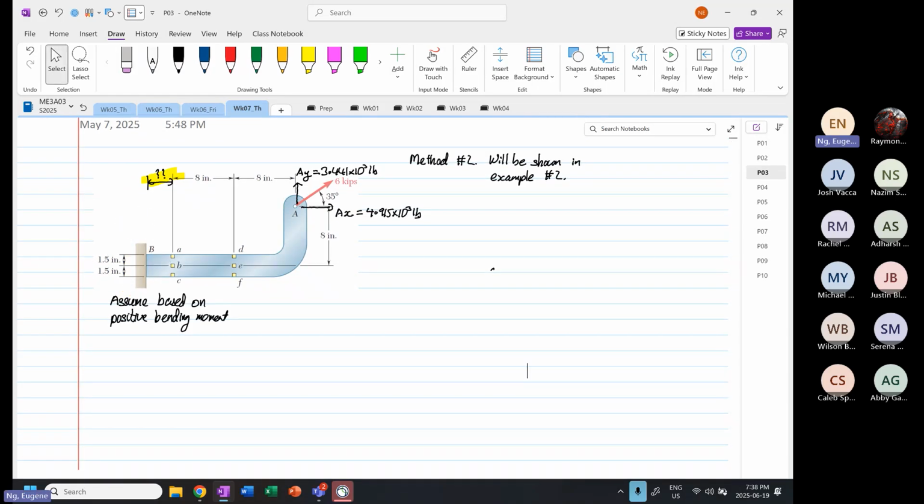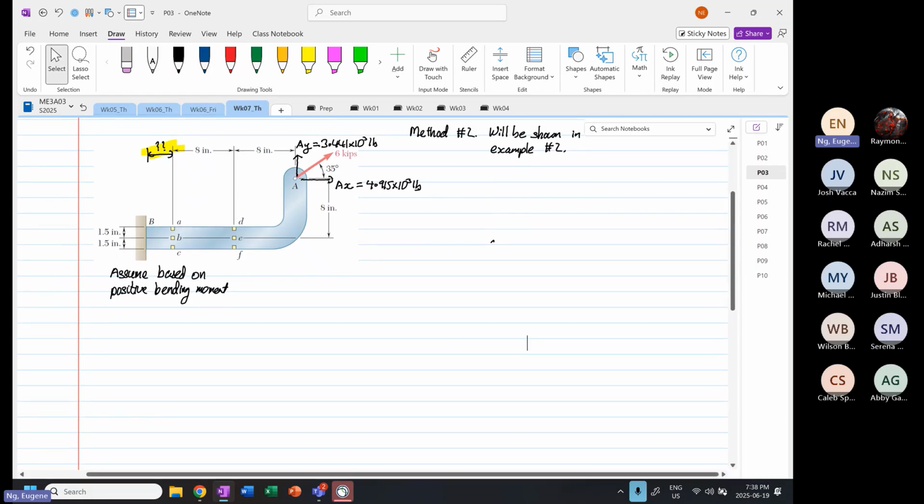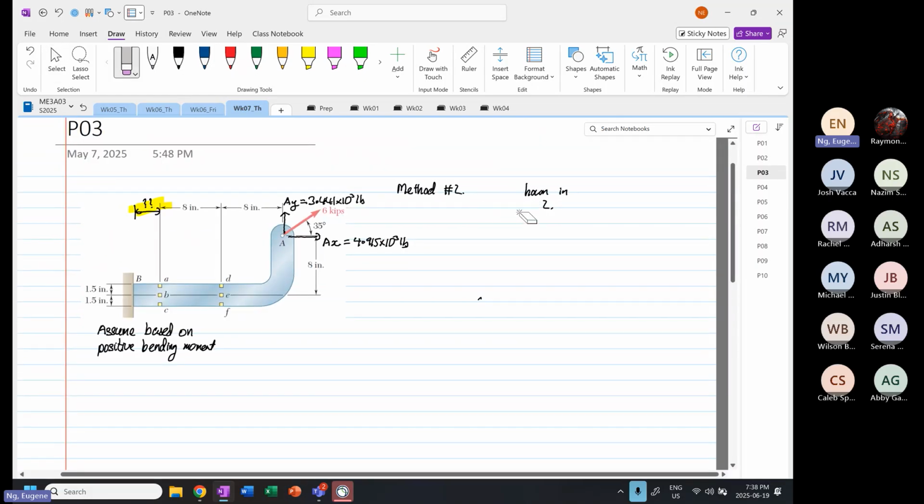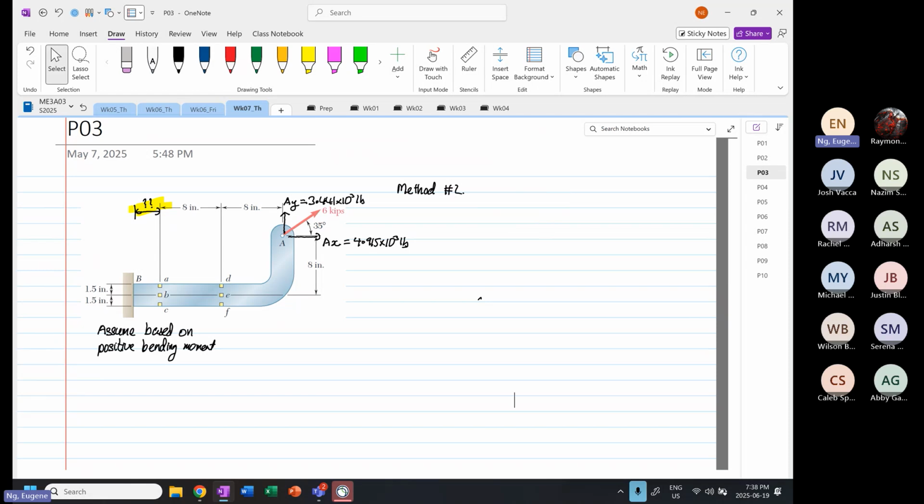So method number 2, what is method number 2? It is to apply static analysis. What do I mean by static analysis?